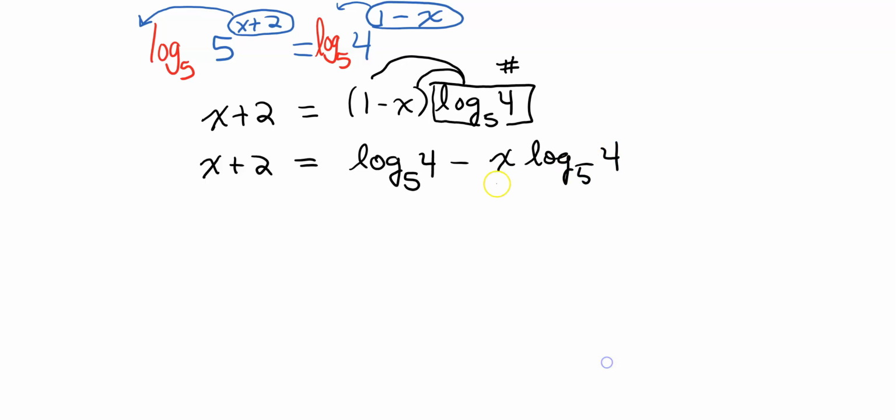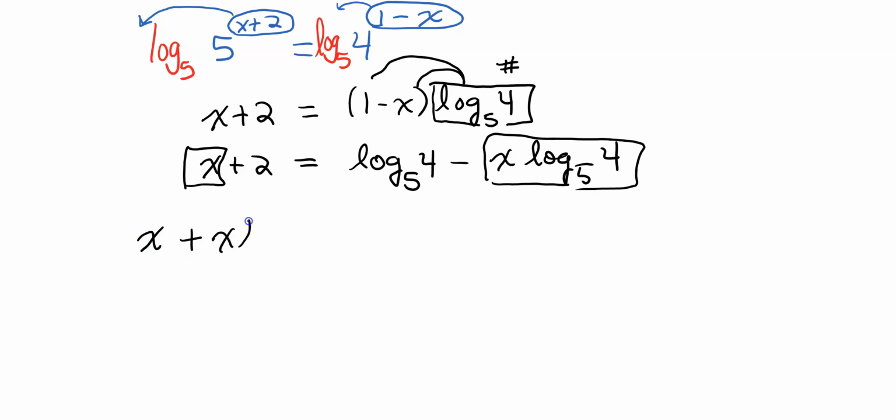Okay, now this right here, I'm going to add it to the other side because that is where the x is right now. So I have x plus x log base 5 of 4 is equal to, and I'm going to subtract the 2, so I will have log base 5 of 4 minus 2.